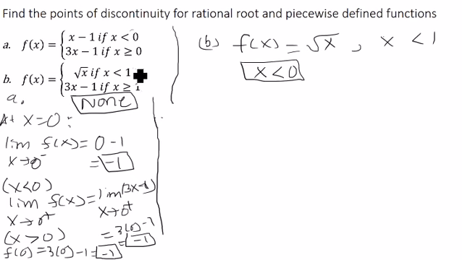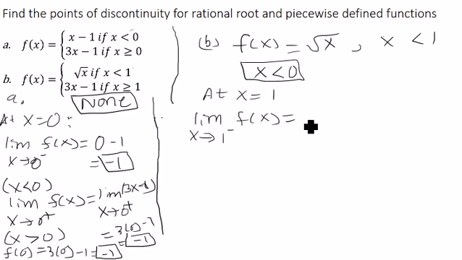Now at the junction, meaning the connection point at 1, so at x equals 1, let's check the left hand limit, right hand limit, and the value. Here we didn't have to check that because we already know you cannot have a negative inside the radical. So at 1, let's find the limit as x goes to 1 from the left of f of x.